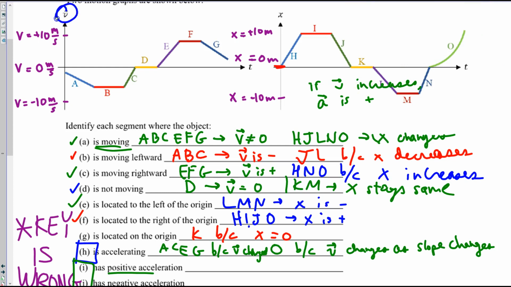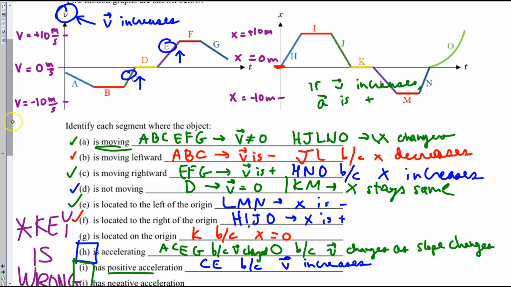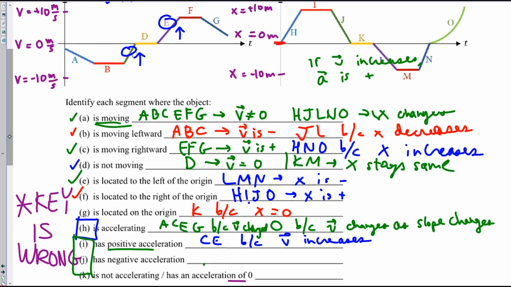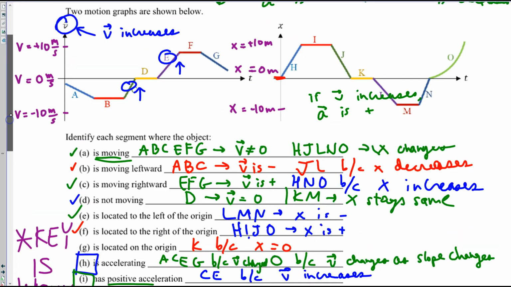So on this velocity graph, what does it mean to have positive acceleration? It means v increases. I see velocity going up the velocity axis during C and during E. So the answer is C and E because velocity increases. We move up that velocity graph. How about part J, negative acceleration?